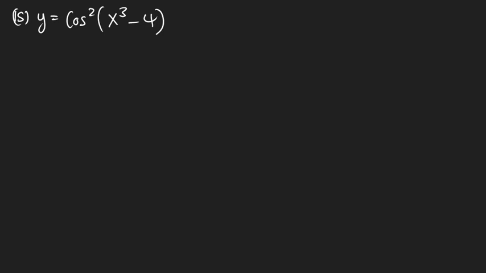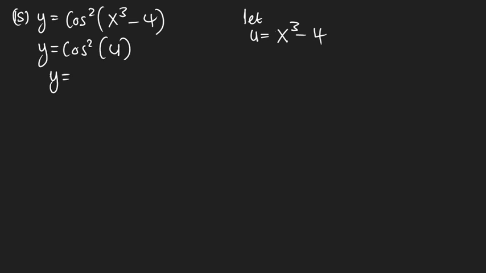What is inside the vehicle is x to the power 3 minus 4. So use u substitution, you say let u equal to x cubed minus 4. Okay, then this is going to be y is equal to cosine to the power 2 of u, which is just the same as cosine u to the power 2. Now we do not have anything outside the vehicle.